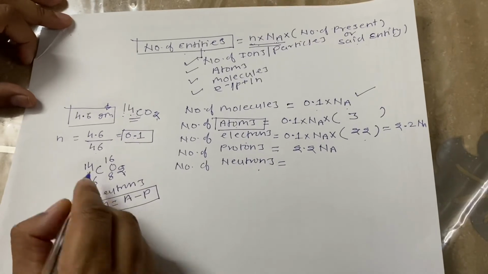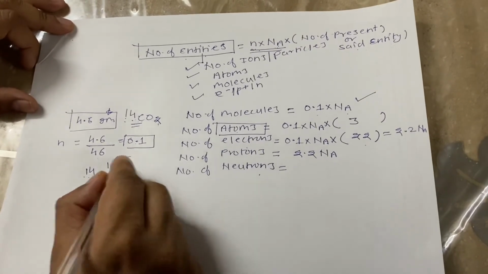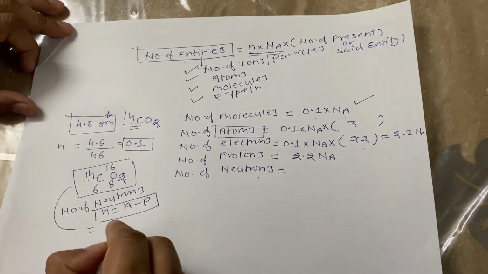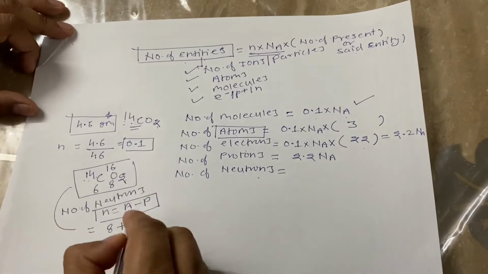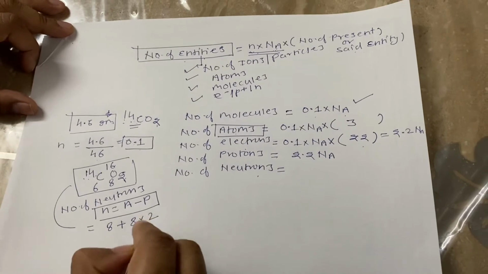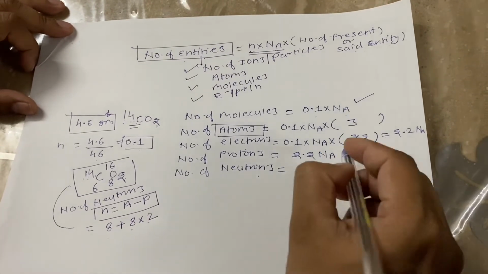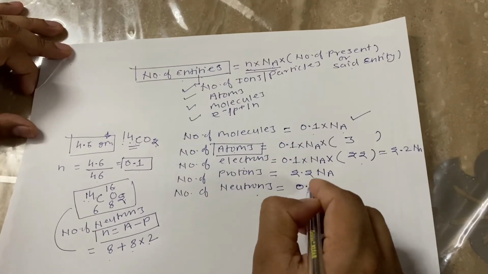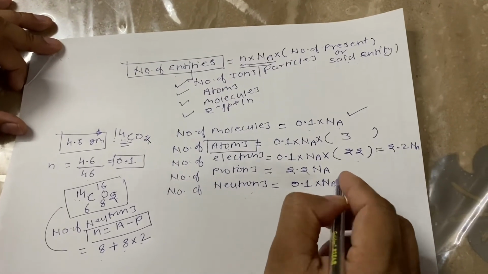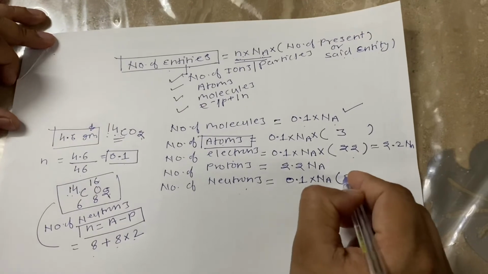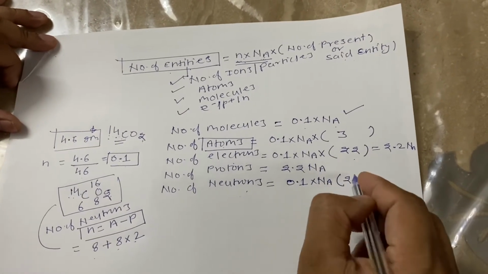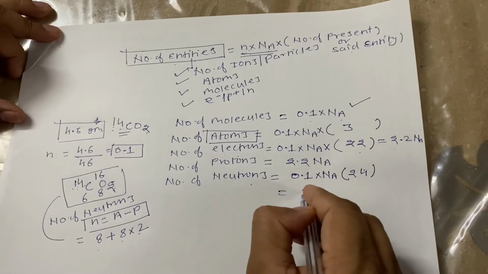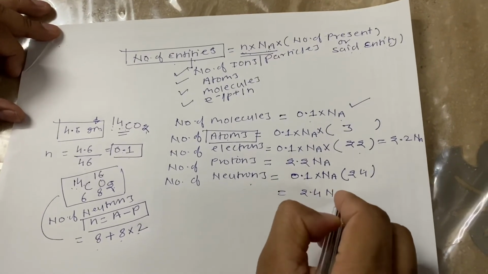So the number of neutrons in 14CO2 is 14 minus 6, that will be 8, plus 16 minus 8, that will be 8, into 2, 16, plus 8, that will be equal to 24. So definitely the correct answer will be 0.1 into Na into 24, that is 2.4 Na.